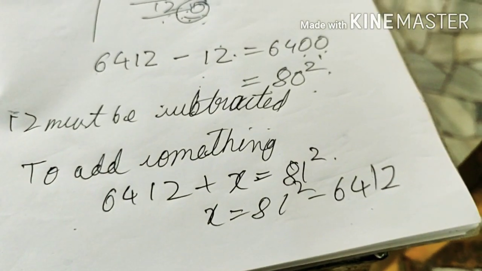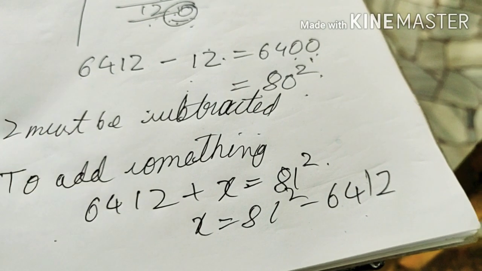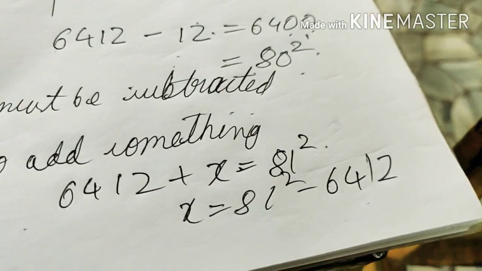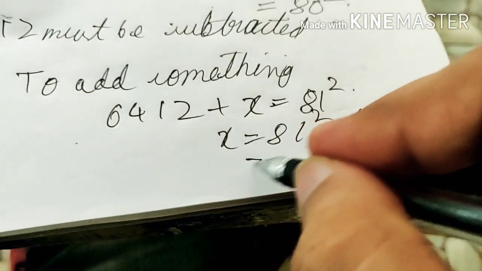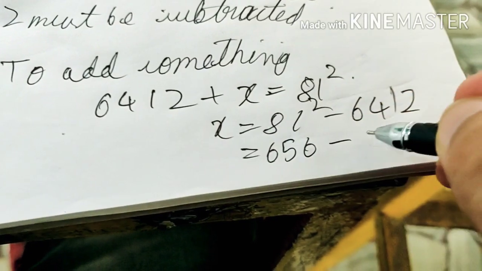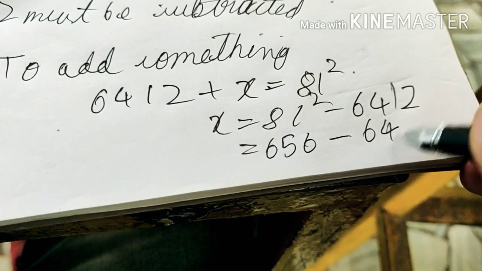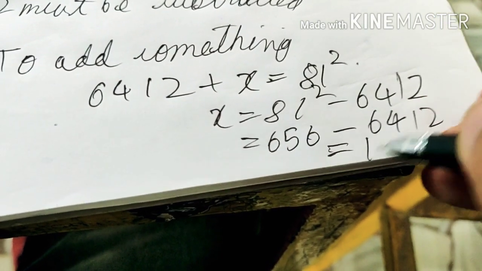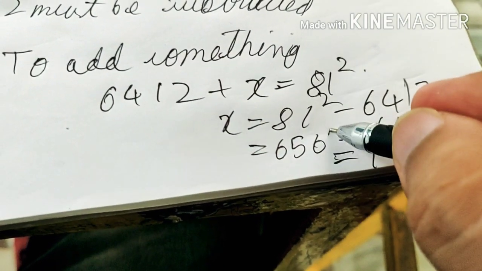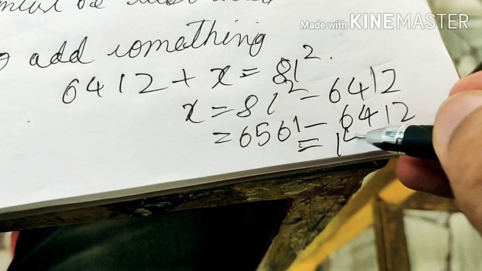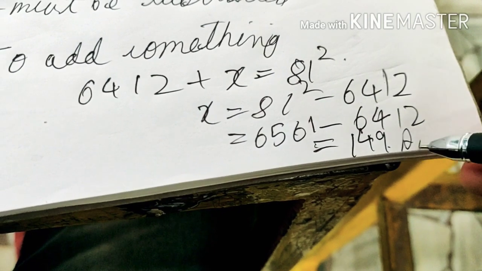Okay, here 81 square is 6561, minus 6412. This will be equal to 149. This is our answer.